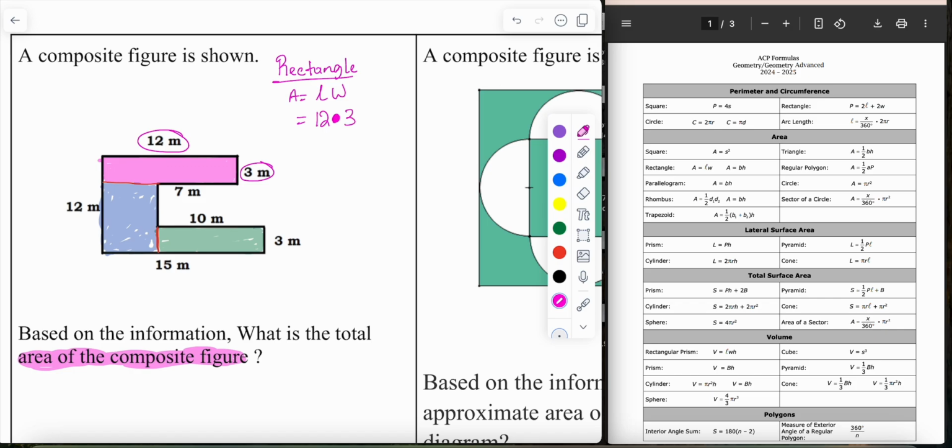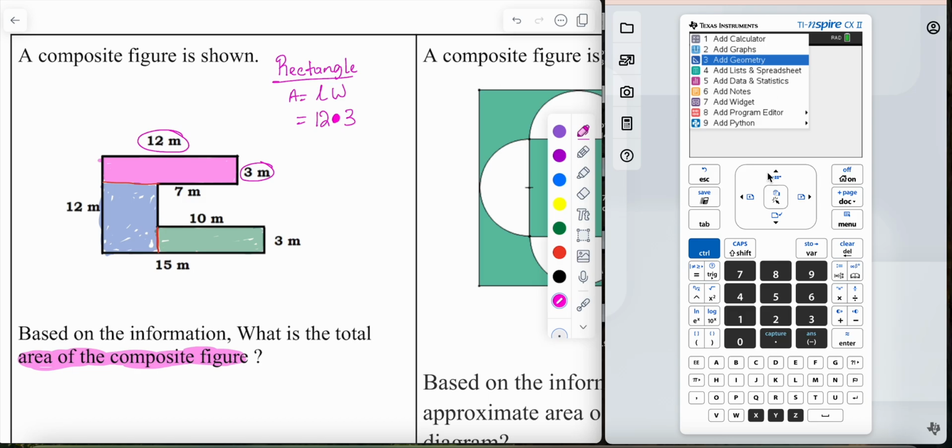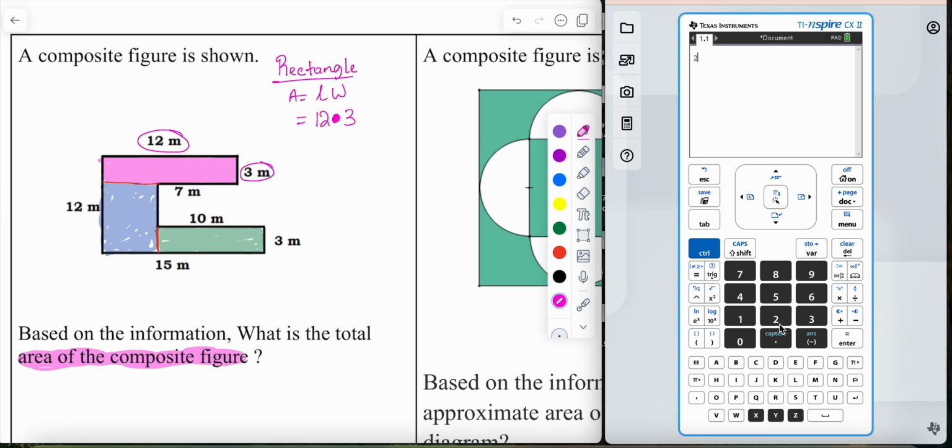And you can use your brain or your calculator. What is 12 multiply 3? 12 multiply 3. Enter. And that gave us 36 meters square. If we're talking about area, the area is measured in square units. All right, so that's the area of the pink rectangle. Now we're going to move on to the area of the blue rectangle.